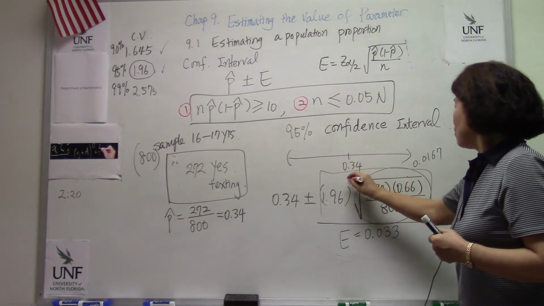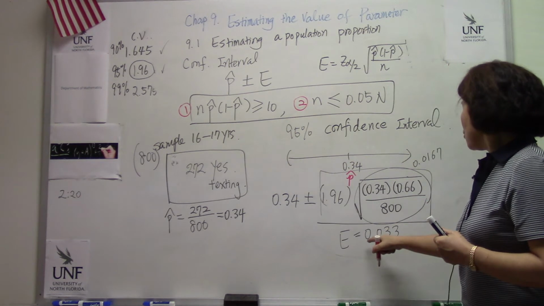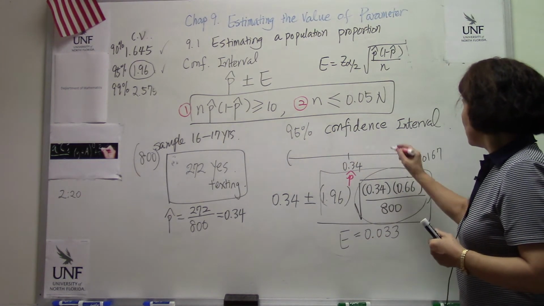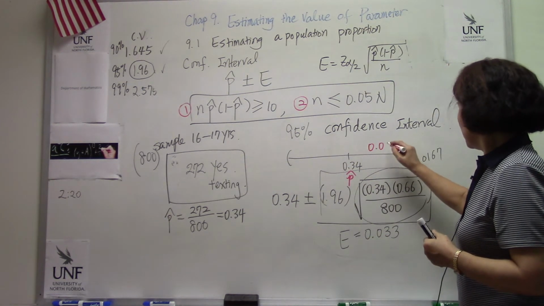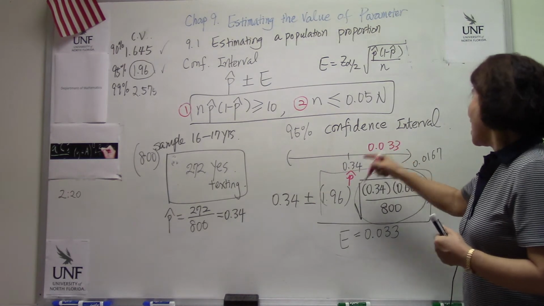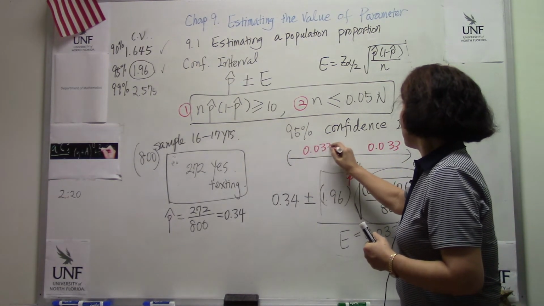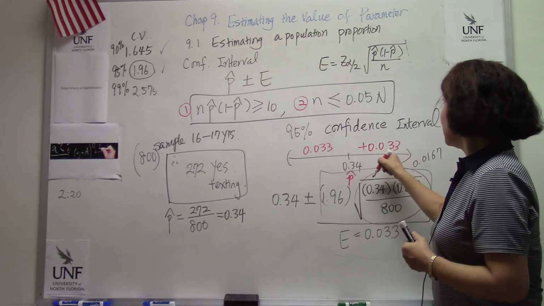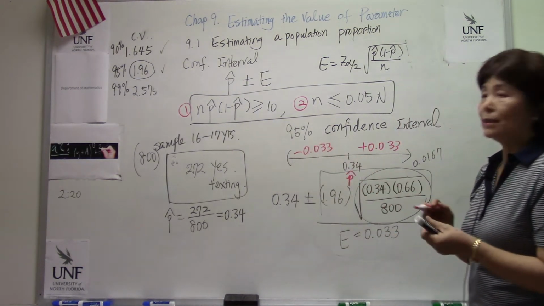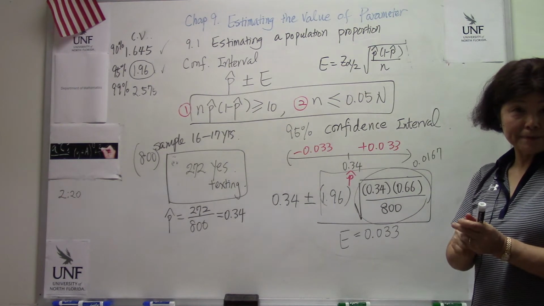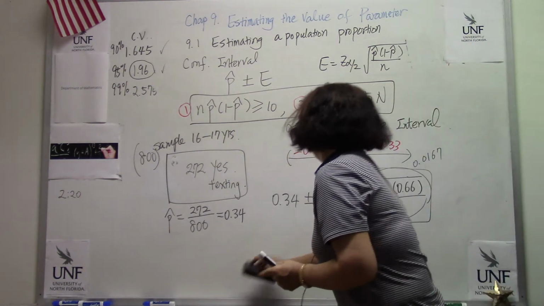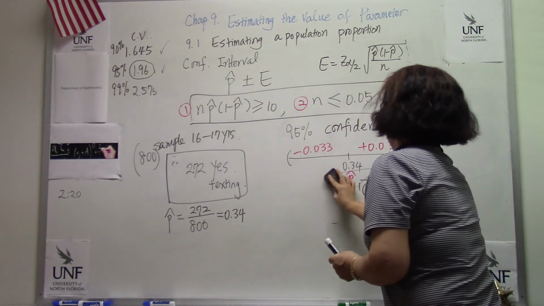The sample proportion 0.34 is right in the middle. You extend it to the right by 0.033 and to the left also by 0.033. So you add this much and you subtract this much. Make sense?